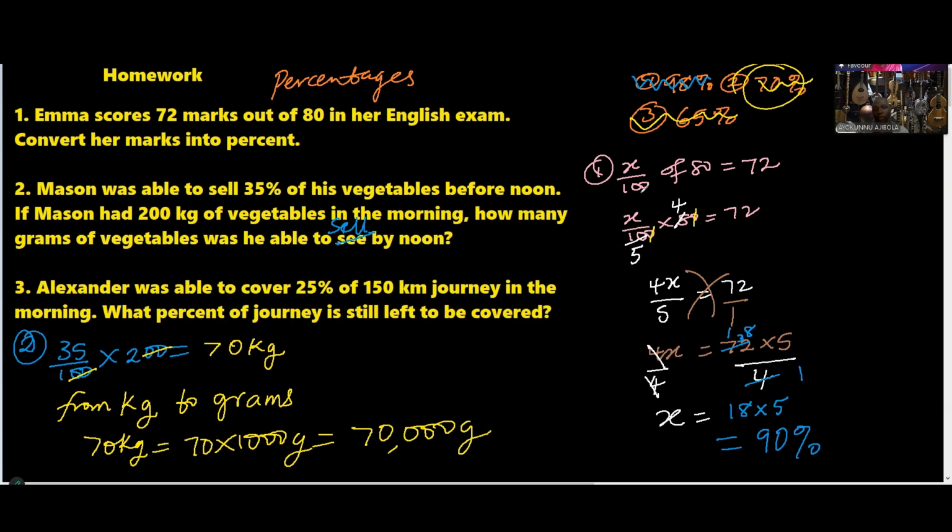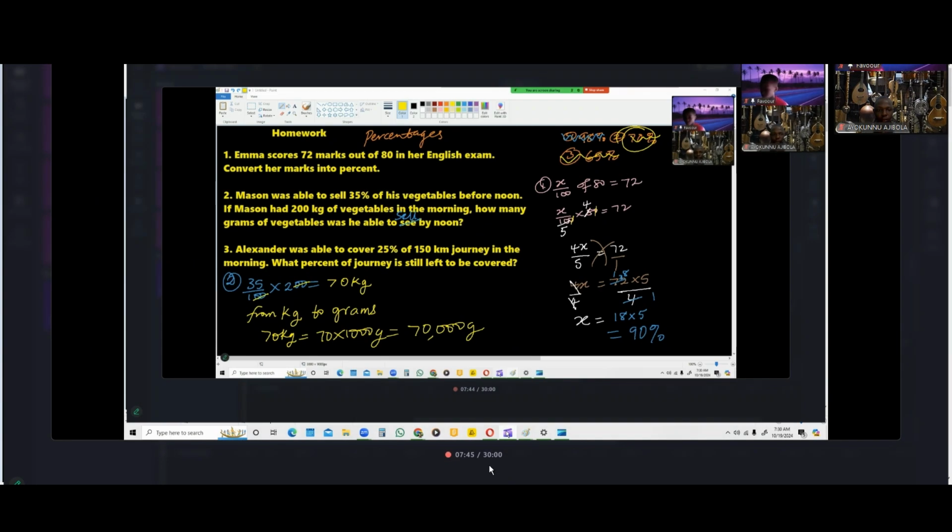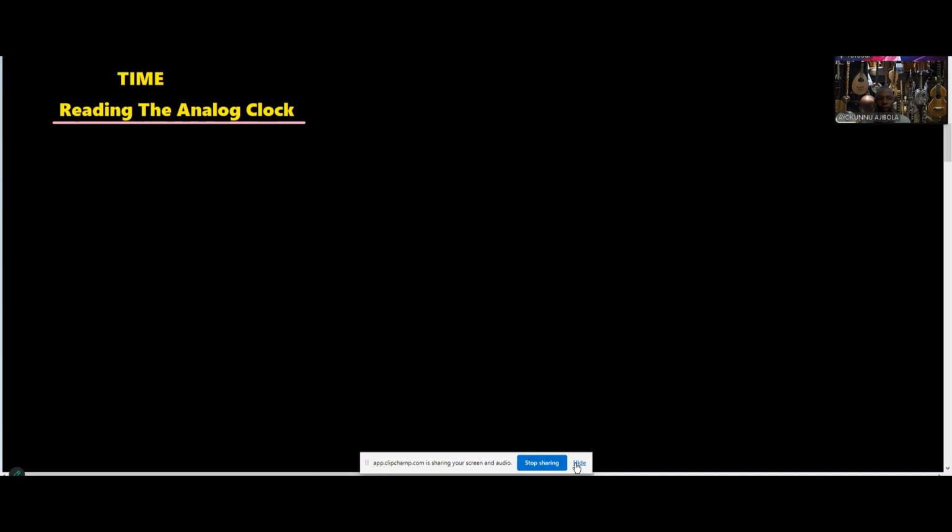When you're through with questions one and two, let me know so that I'll move to the third one for you to write the correction. Talking about time, we have the digital clock and the analog clock, but today we're focusing on telling the time using the analog clock.